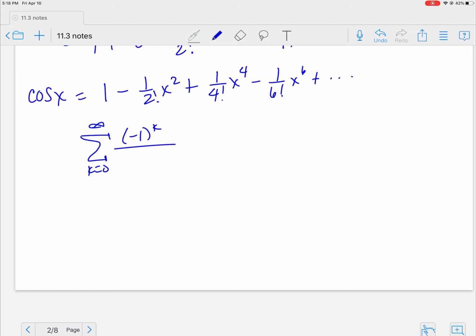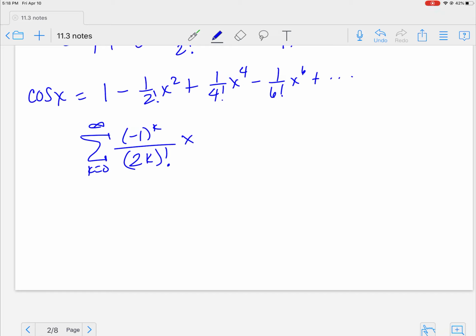What do you see about this denominator? Even, right? I'm starting here with 0, 2, 4, 6. So my pattern is going to be 2k factorial. Do I have to put parentheses around all of 2k? Yeah, you do, because that whole thing is a factorial, and I want to make sure that it is even.